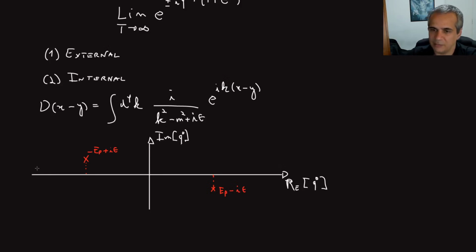For these guys, I'm integrating over the real axis, which might seem like a problem since I need K0 to be slightly imaginary, right? That's what I'm saying. So this is the K0 that will show up in the exponential.